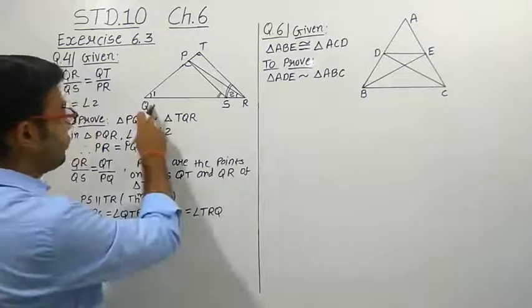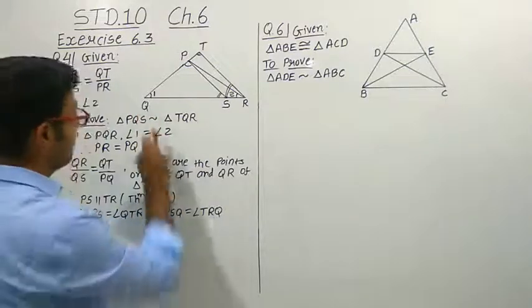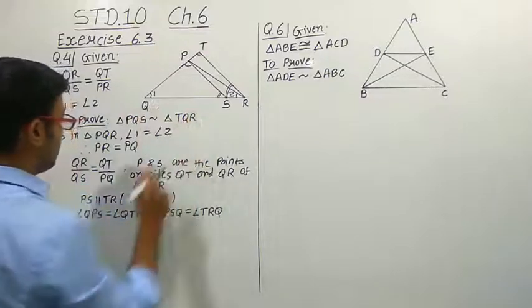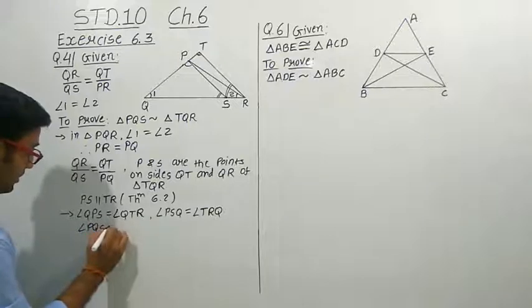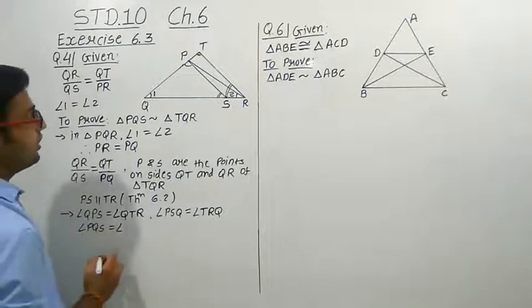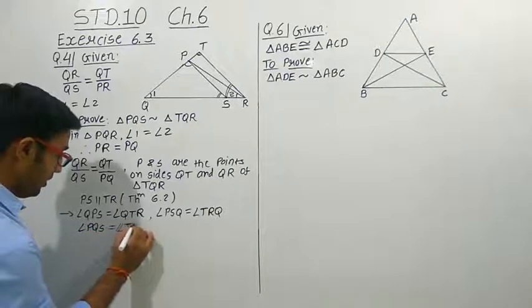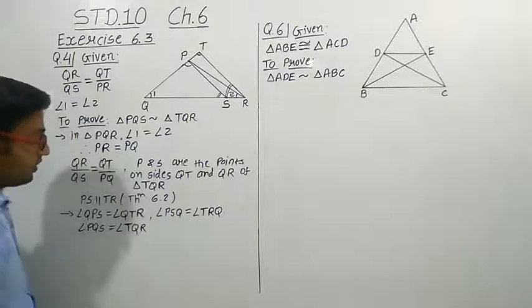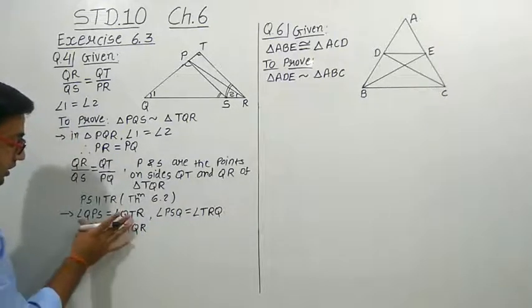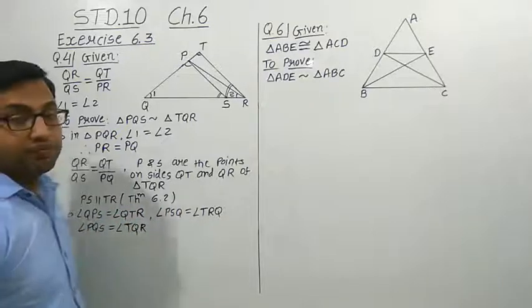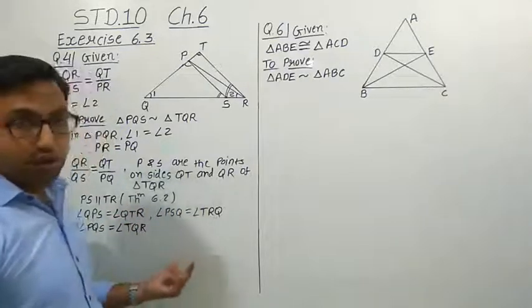Angle Q is common in both the triangles. So angle Q we can write as angle PQS. Angle PQS is equal to angle TQR. These two angles are common in both the triangles. The other two angles we proved here according to the corresponding angles.